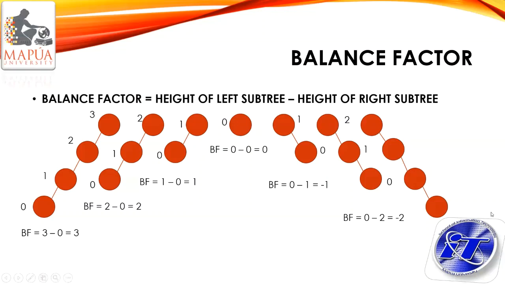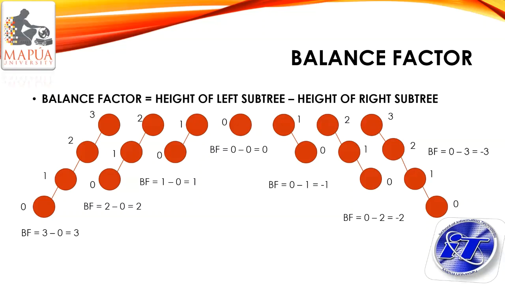Last example. So 0, 1, 2, 3. Balance factor, 0 for the height of the left subtree minus 3 is equal to negative 3. Okay, so that's how we determine the balance factor. Height of the left minus height of the right subtree.